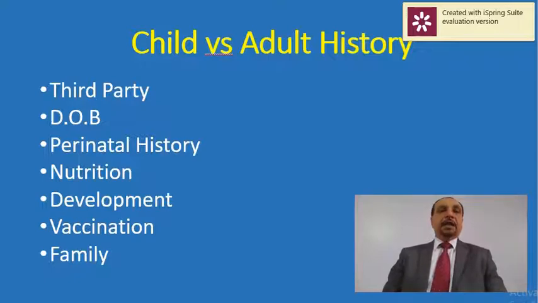Again, nutritional history is important for children because of the rapid growth. Developmental history, also there is rapid development, that's why developmental history is important. That is not logical, of course, to take it for the adult. And again, we have to take the vaccination history against the pediatric infectious diseases. There is some difference in the family history, speaking about consanguinity or some inborn errors of metabolism and some genetic diseases.